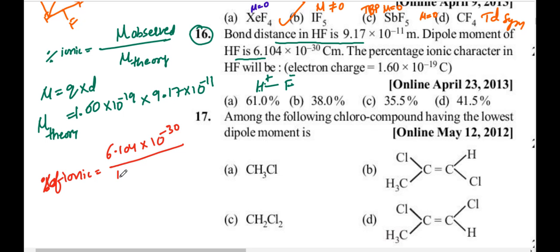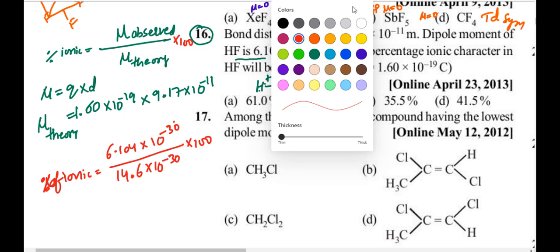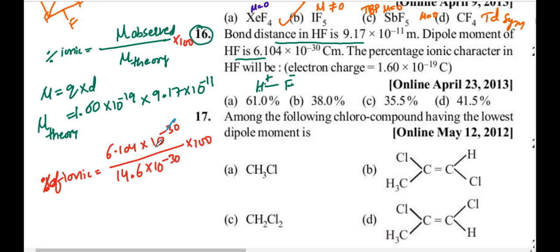Around 114.6 into 10 power minus 30. Percentage, no? So in the formula into 100. Okay, 10 power minus 10, 10 power minus 10 get cancelled. Then 4 by 16 into 100, approximately 41.5%. So D is the answer.